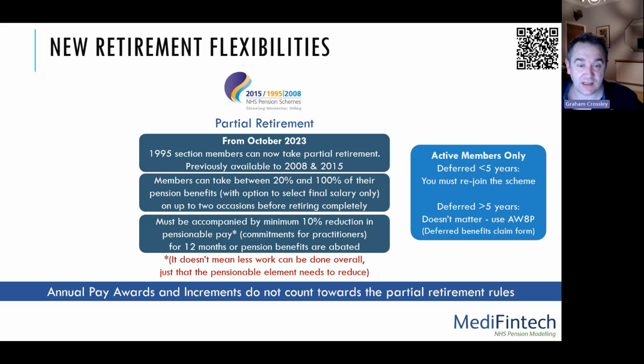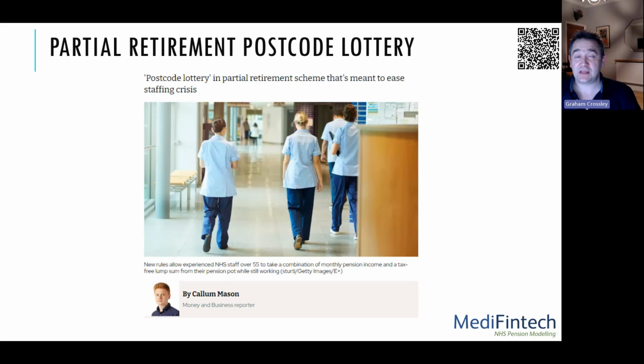Now, we have seen a postcode lottery on this. We have seen some trusts who have been excellent in adopting this policy. They have taken the government's proposal and the intent, and they have enabled people to take partial retirement without reducing their hours by simply allocating some of that pensionable pay to being non-pensionable.